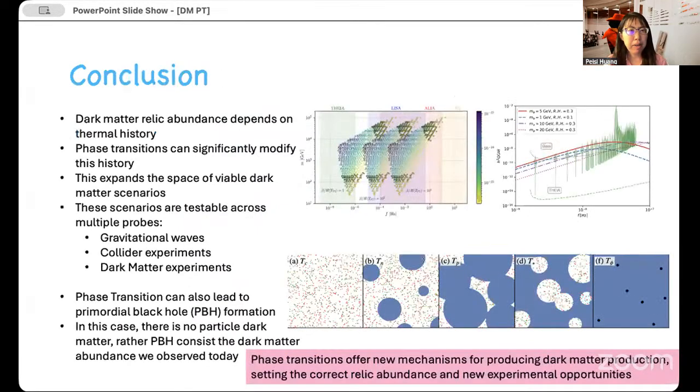So now let me conclude. In the first part, I have shown that the dark matter relic abundance depends on the thermal history, and phase transitions can significantly modify this history, and that expands the space of the viable dark matter scenarios. Those scenarios are testable across multiple probes, including gravitational wave interferometers, collider experiments, and dark matter experiments.